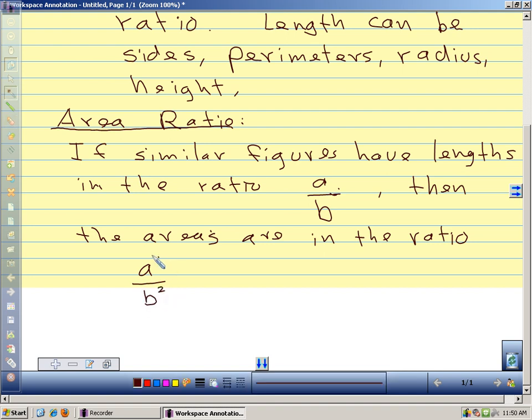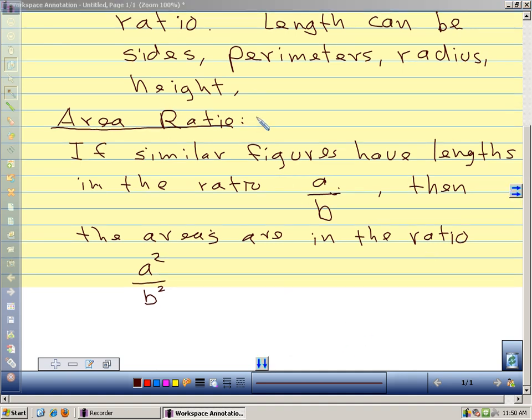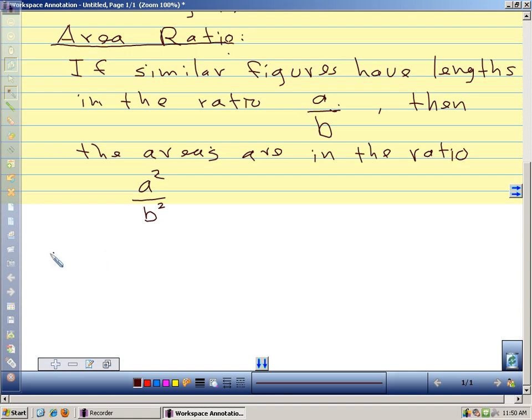So to get the area ratio from the length ratio, we square it. So that's what this is telling us. Square the length ratio to get the area ratio.